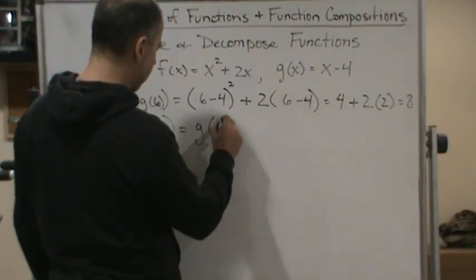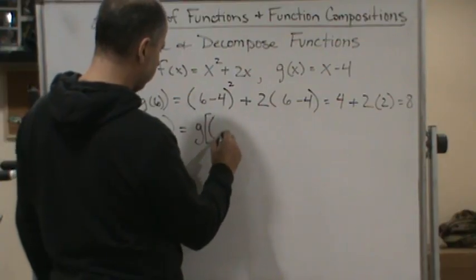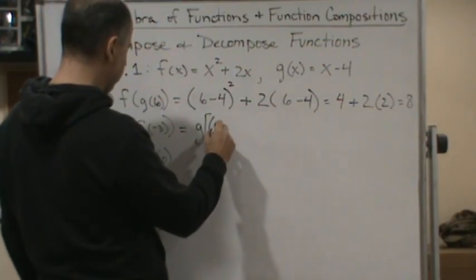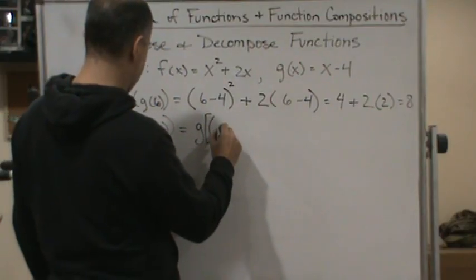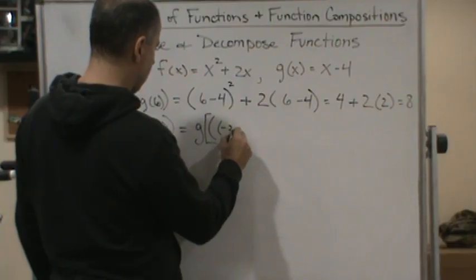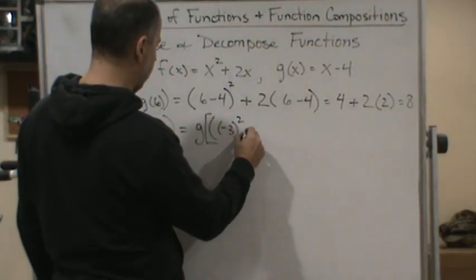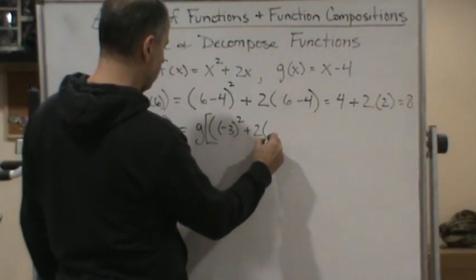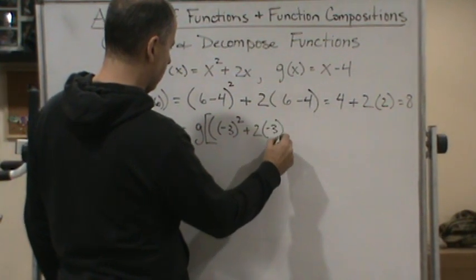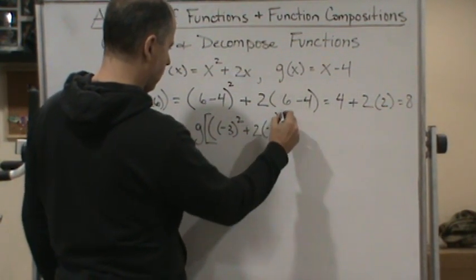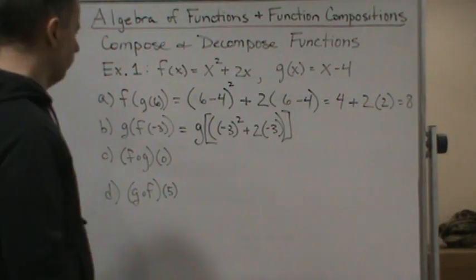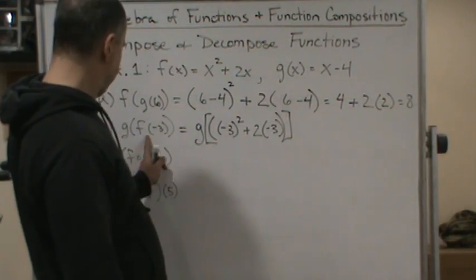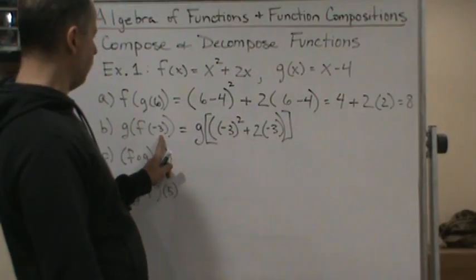Let me do it this way. Negative 3 squared plus 2 times negative 3, right? So all I did was find f of negative 3.